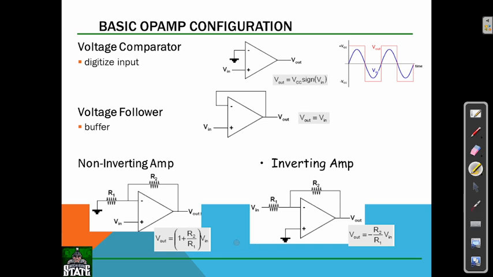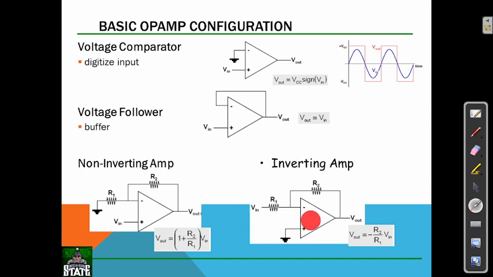The formula for the output voltage in the non-inverting amplifier is V out equal to 1 plus R2 by R1 times V in. V in is the input voltage. That is the formula for the non-inverting amplifier.